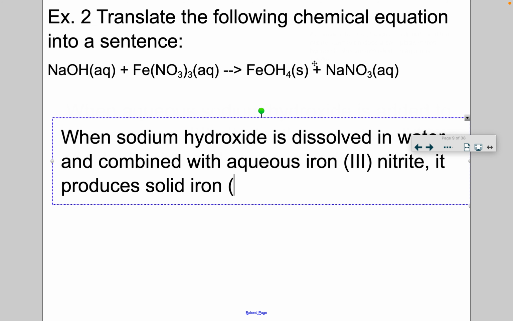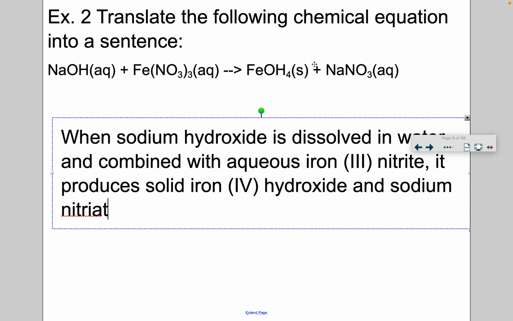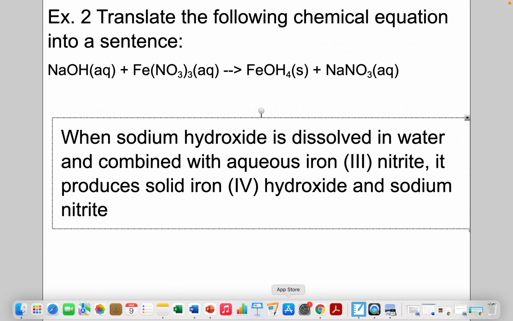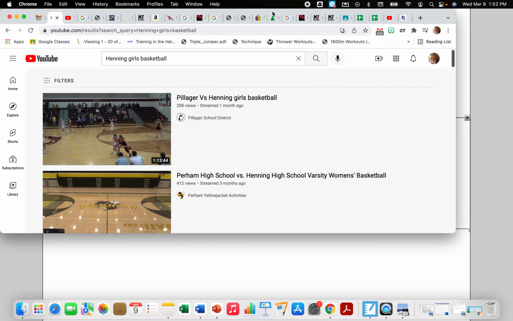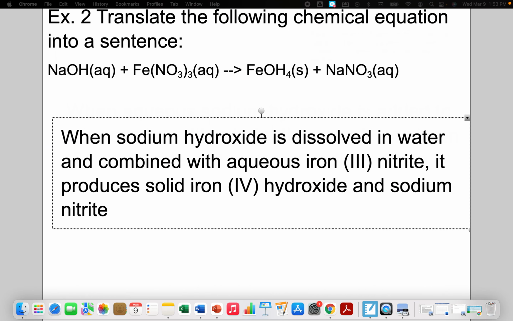Charge on iron, it's got to be 4, it looks like. Iron hydroxide. And sodium nitrate. Okay, I'm sorry, I have to look this up. I want to make sure that NO3, and I should know, but I always get nitrates and nitrites mixed up.